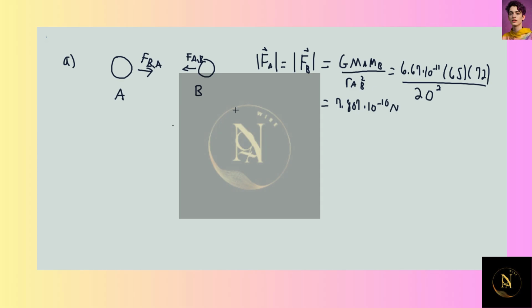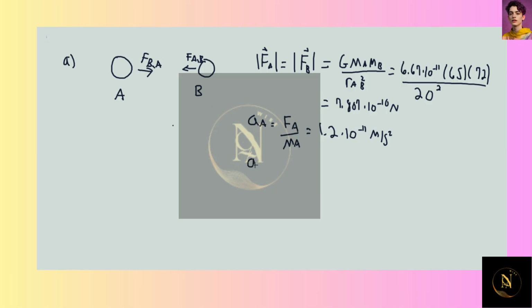So each astronaut applies the same force to each other, but because they have different masses, they'll experience different accelerations. So the acceleration that astronaut A experiences will be that force divided by the mass of astronaut A. And so plugging that in, 7.807 times 10 to the minus 10th, and then that mass of 65 kilograms, we get an acceleration of 1.2 times 10 to the negative 11th meters per second squared.